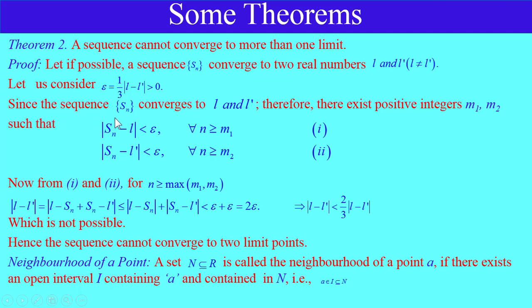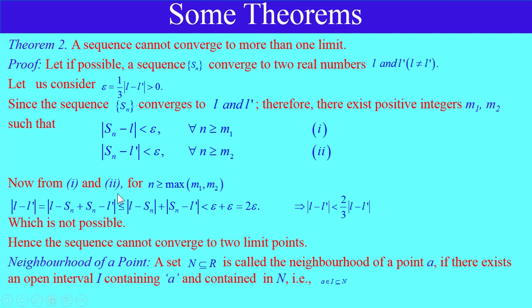Since the sequence Sn converges to L and L dash, there exist positive integers m1 and m2 such that modulus Sn minus L is less than epsilon for all n greater than or equal to m1, and modulus Sn minus L dash is less than epsilon for all n greater than or equal to m2.